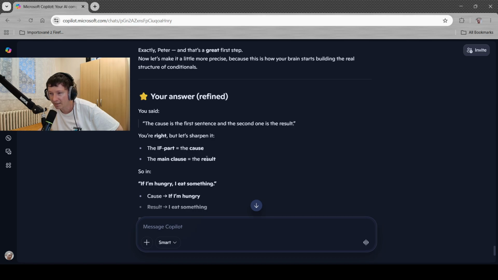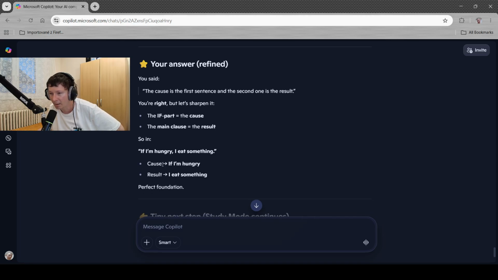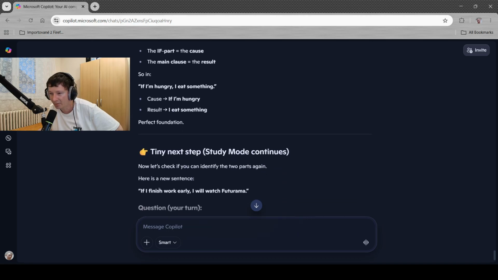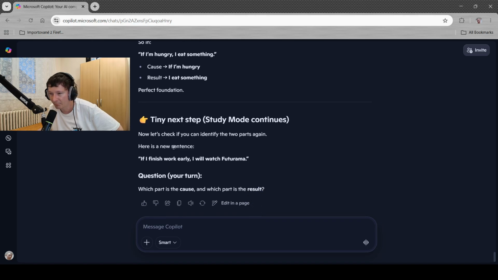The if part is the cause, the main clause is the result. So if I'm hungry, I eat something. Cause: if I'm hungry. Result: I eat something. Perfect foundation. Tiny next step. Now let's check if you can identify the two parts again. Here is a new sentence. If I finish work early, I will watch Futurama. Question, your turn. Which part is cause and which part is result?